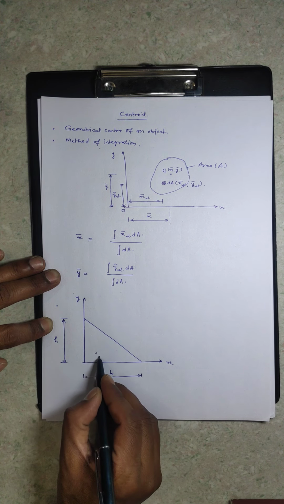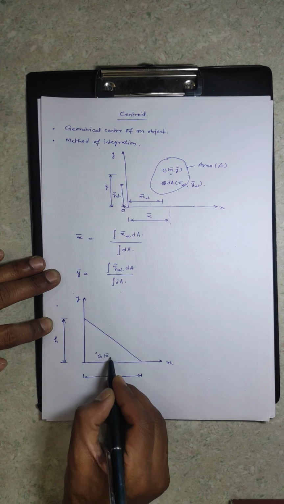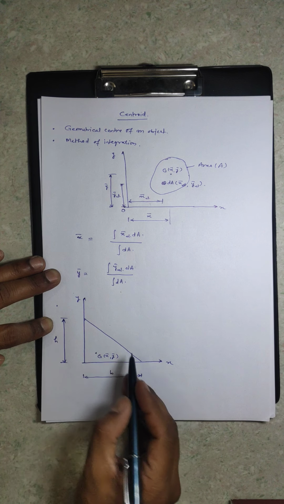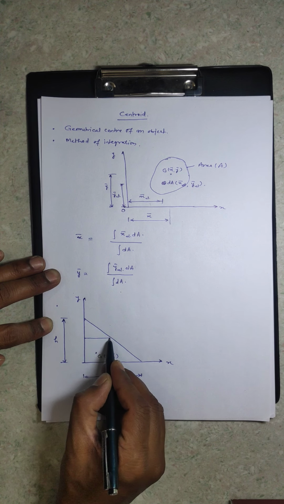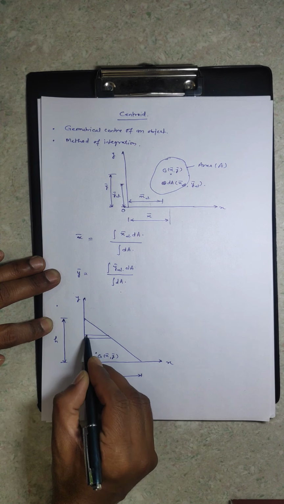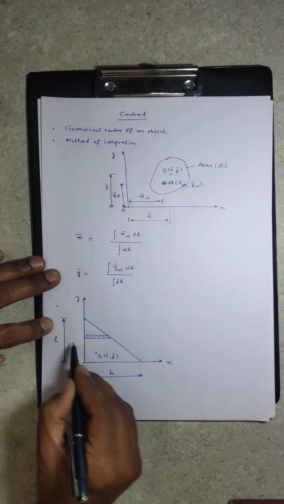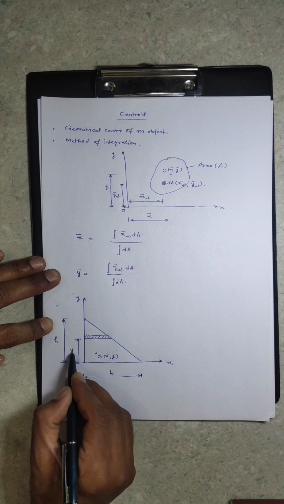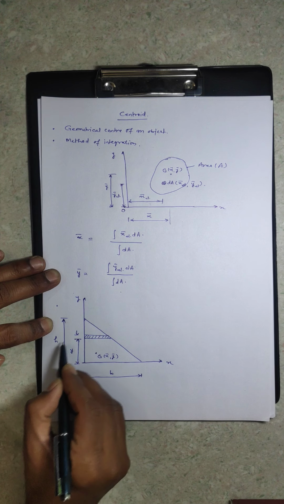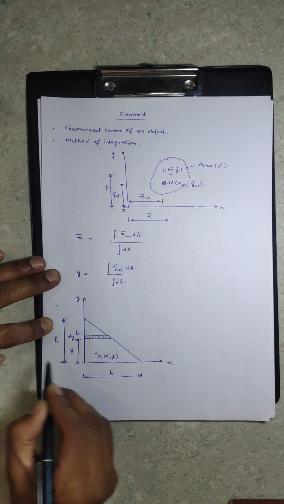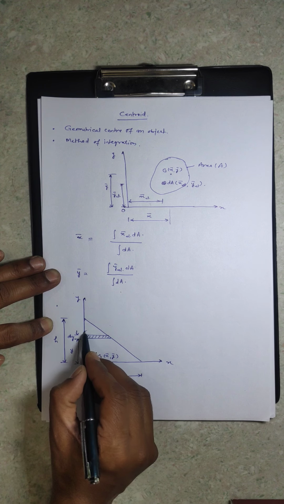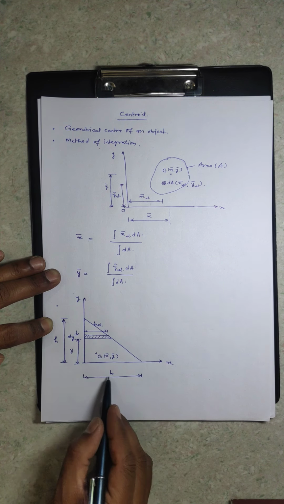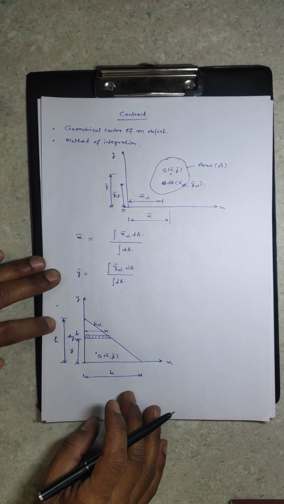Say G lies here, and x bar and y bar are the coordinates of the centroid of that triangle. Consider an elementary strip at a distance y from the x axis, with thickness dy. The length is b elemental.